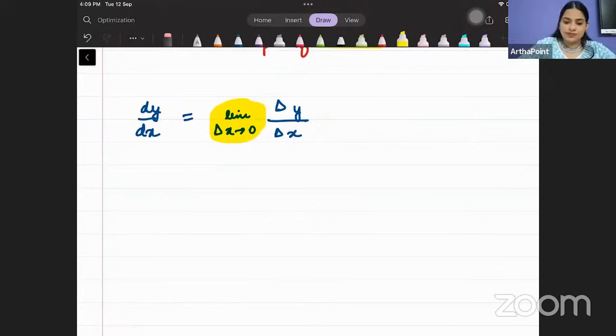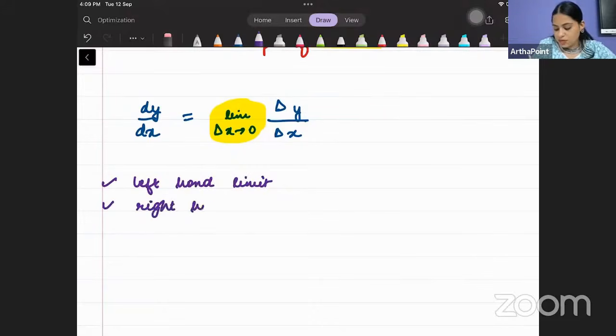Right? So here, we need to distinguish between two kinds of limits. One is called the left hand limit, and second, beta, is known as the right hand limit. So one thing we call left hand limit and one thing we call right hand limit. Is that clear beta? Okay. Now let us focus on what this is. What is a limit? What do we call a limit? So what does limit mean?